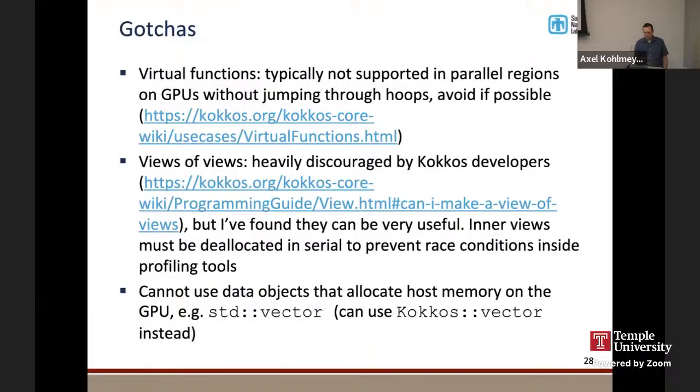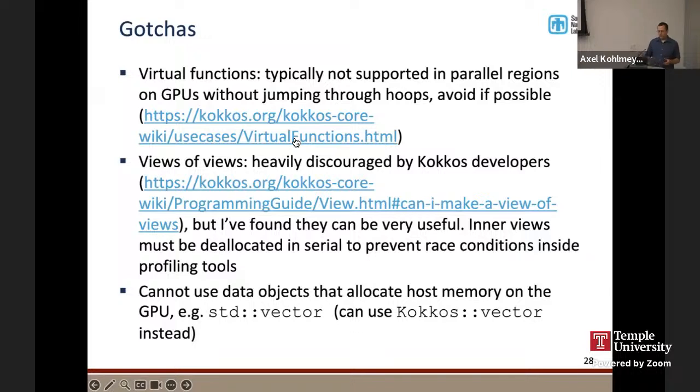Okay, so here are some gotchas that you need to keep in mind when using Kokkos. Virtual functions are typically not supported in parallel regions on GPUs unless you jump through some hoops. So I would recommend just avoiding them if possible. There's some more information here. But the problem is that when you have a virtual function, the vtable is created on the host CPU and CPU memory.